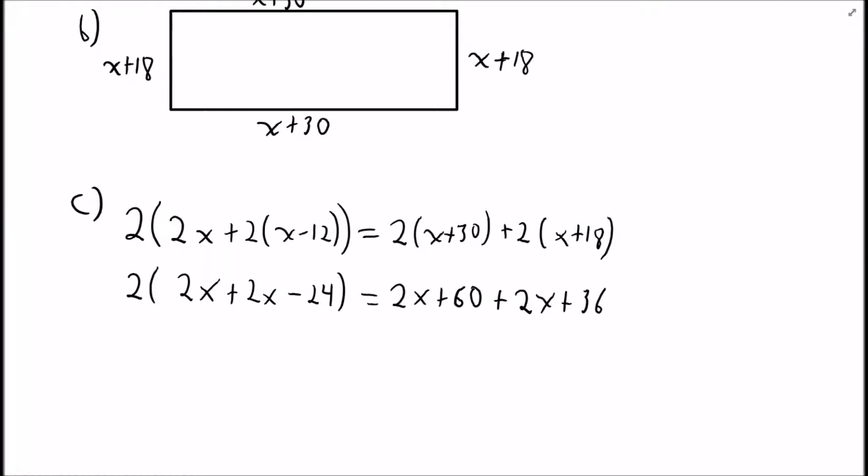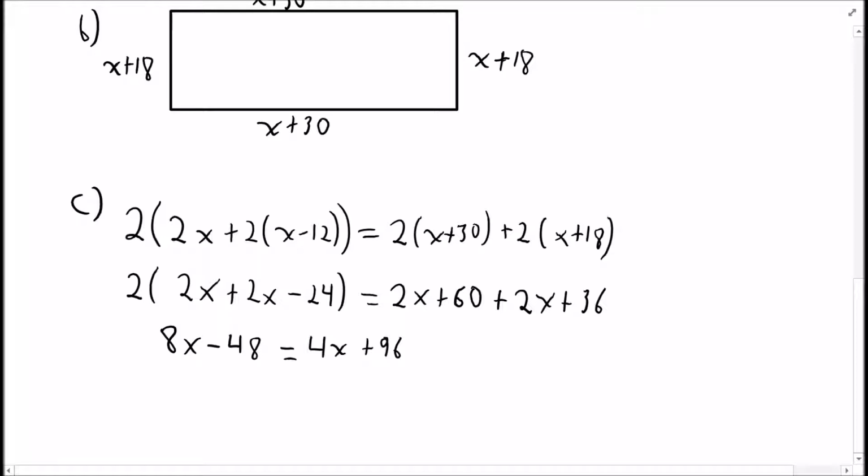So now I will multiply the 2 into the bracket on the left-hand side. So we get, well, 2x plus 2x is 4x times the 2 gives me 8x minus 48, because 2 times 24 is 48, equals 2x plus 2x is 4x plus 96.